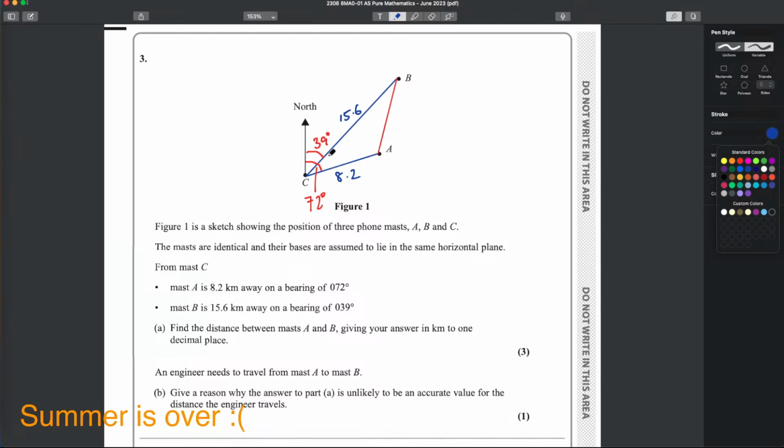Well, we have this angle in here, right? The difference between 72 and 39, which is 33. So I have an angle between two sides, and that means I can use the cosine rule.